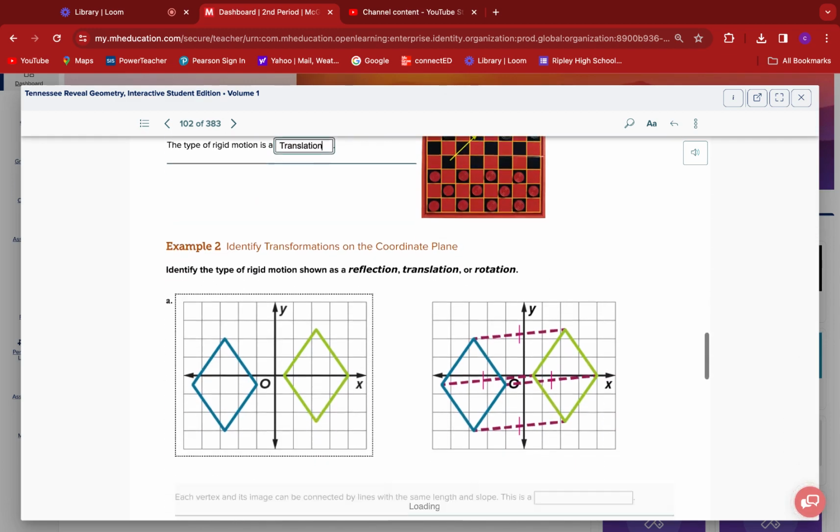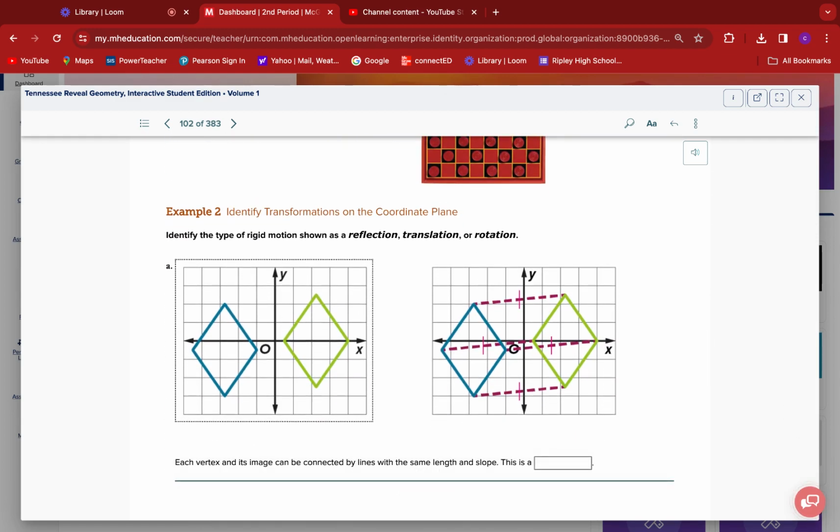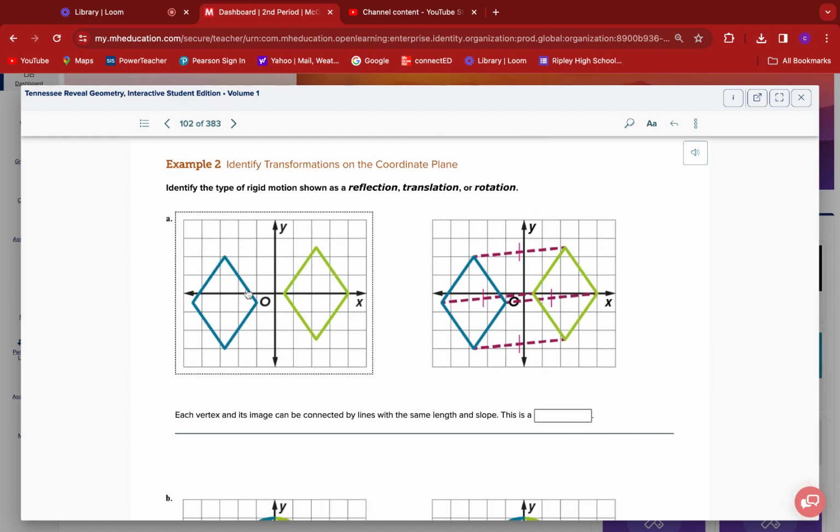Okay, example number 2. At the bottom of page 96. Identify the type of rigid motion shown as reflection, translation, or rotation. Okay, so this looks like a translation because I am taking a figure, maybe the pre-image and the image, and just shifting it over.